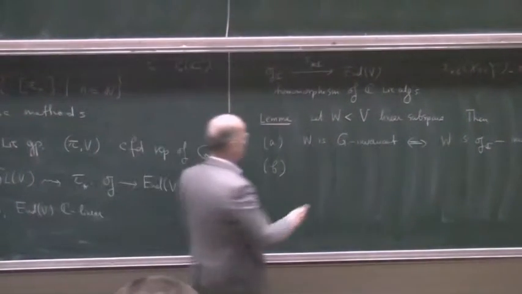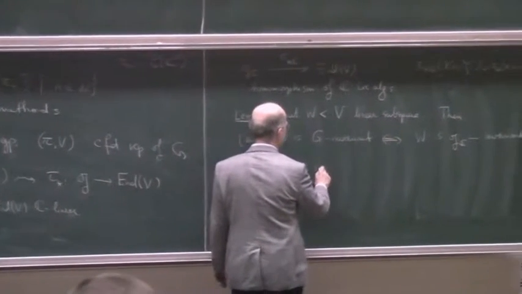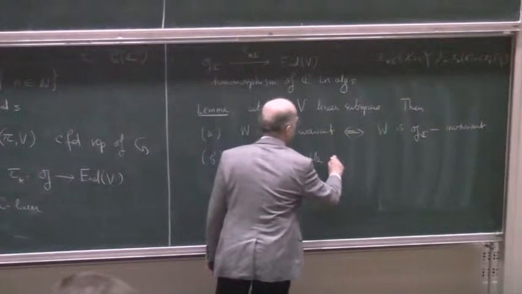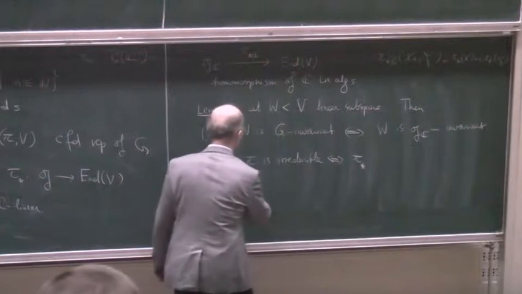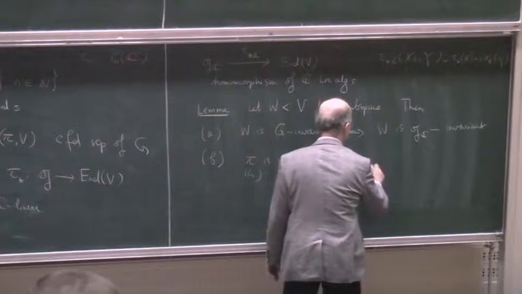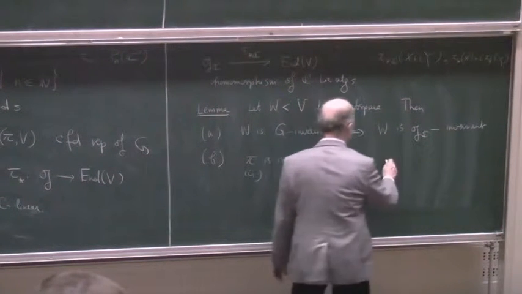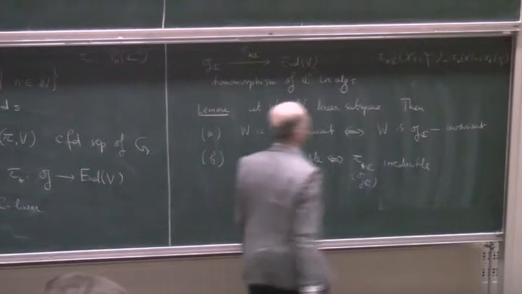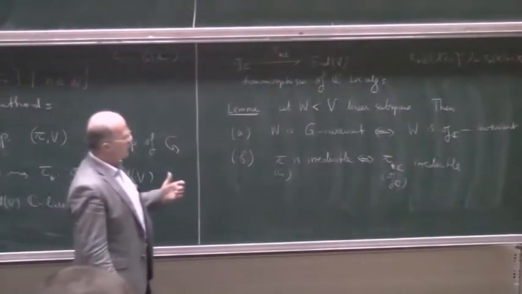Secondly, the representation pi is irreducible if and only if the corresponding representation of the complexified Lie algebra is irreducible. Now let's recall, what is the notion of irreducibility?